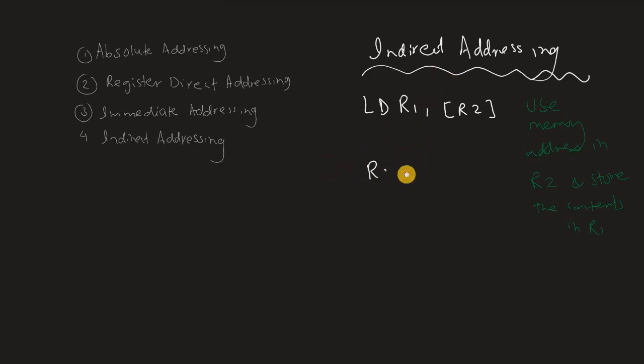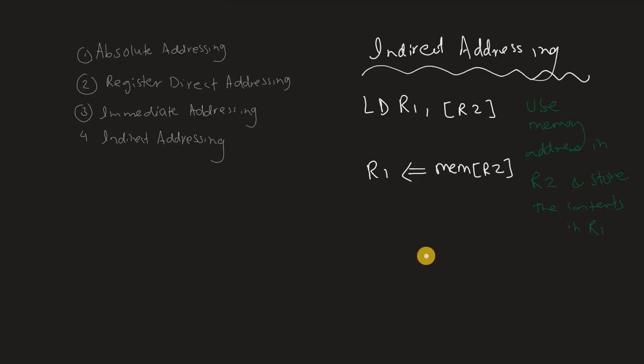So R1, and we have some sort of arrow, and then we have memory R2. This is simple, right? This is basically saying take the memory of R2 and store the contents of that into R1.